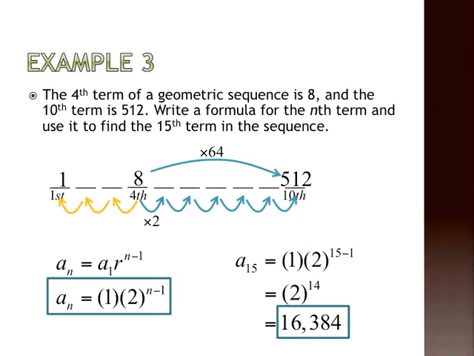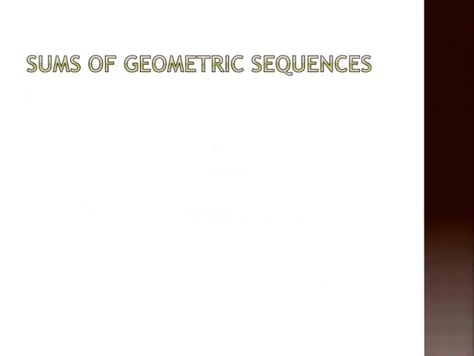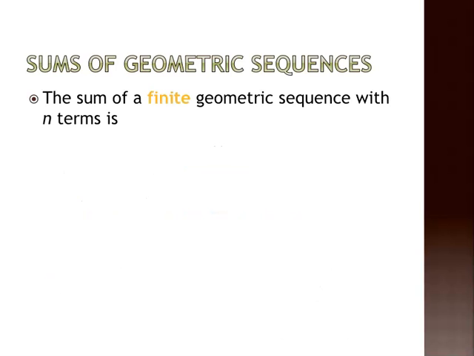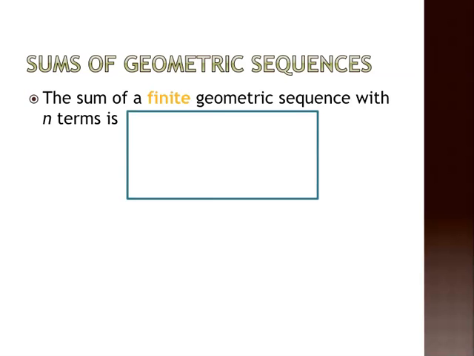All right, next we're going to talk about sums of geometric sequences. Just like we talked about sums of arithmetic sequences, now we're going to talk about sums of geometric sequences. So if you have a finite geometric sequence, meaning there's a clear end to the sequence, it goes up to the nth term, then you can use this formula to find the sum.